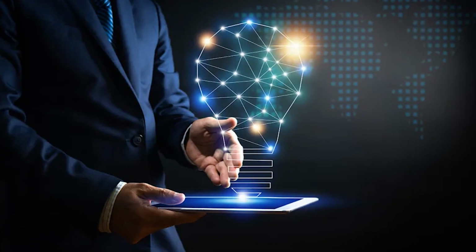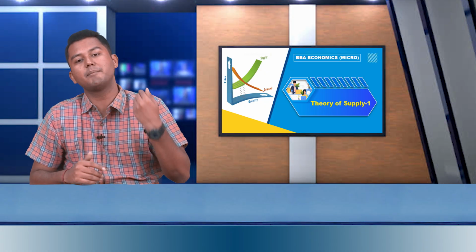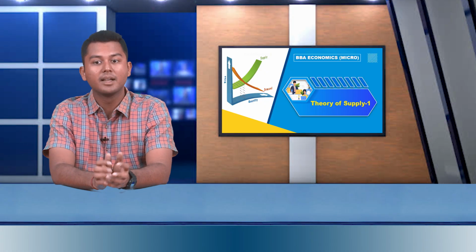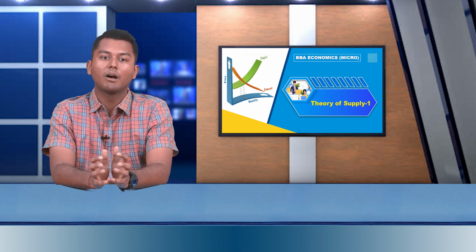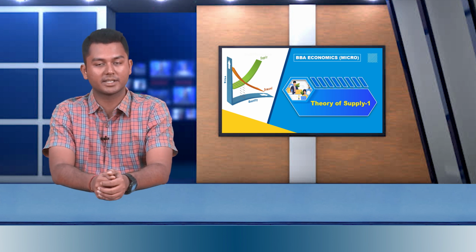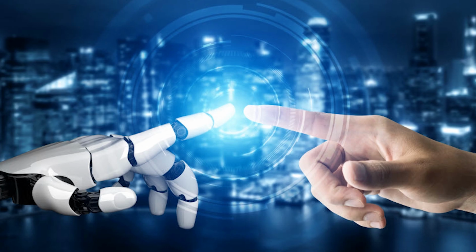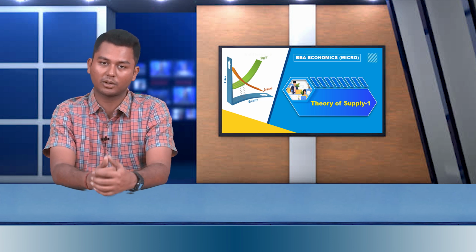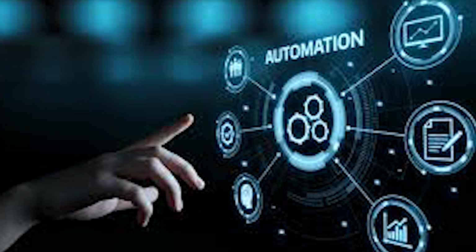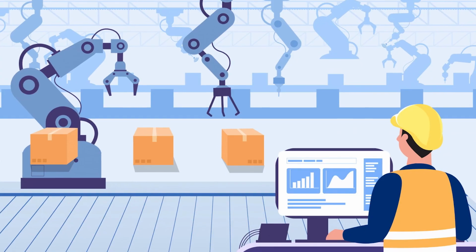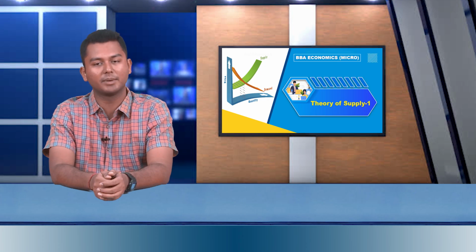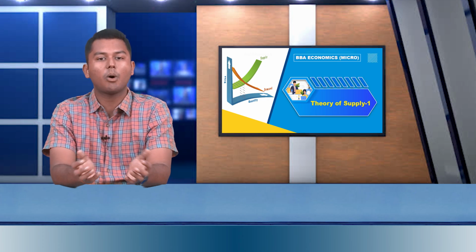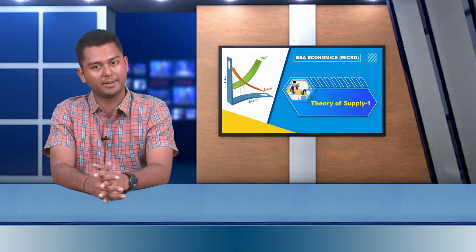Technological improvements typically increase supply by making production more efficient, reducing costs per unit, or enabling entirely new production methods. Better technology allows producers to supply more goods at lower costs. Automation, improved machinery, better production processes, and innovation in materials or methods all contribute to increased supply capability.